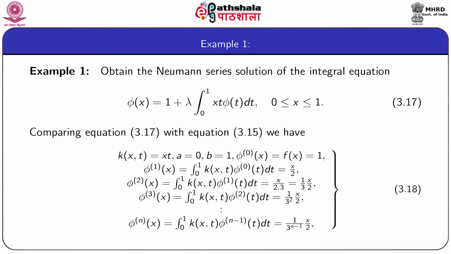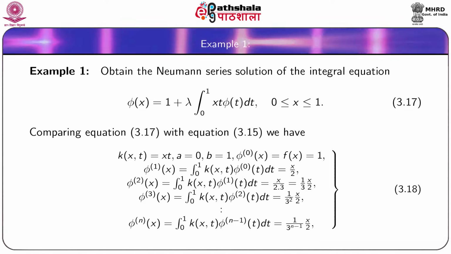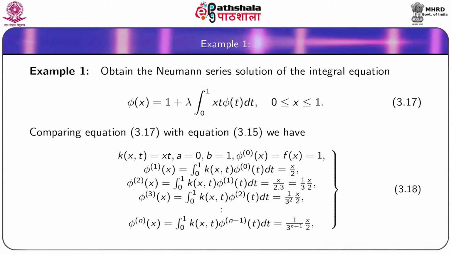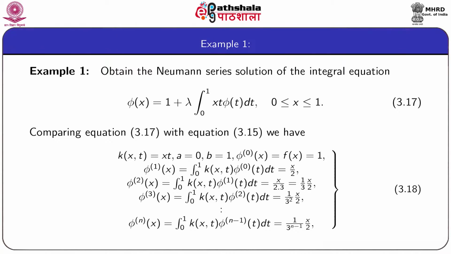With this information, we now calculate phi superscript 1 of x, given by the integral from 0 to 1 of k(x,t) phi superscript 0 of t dt. Substituting phi superscript 0 of t equal to 1, we get phi superscript 1 of x is equal to x by 2.